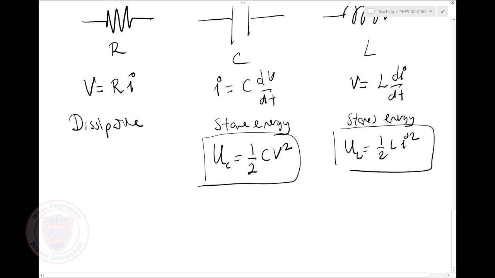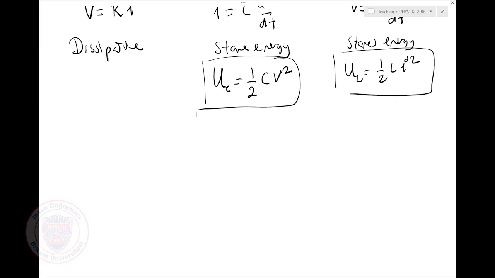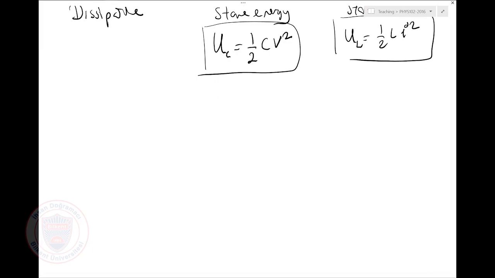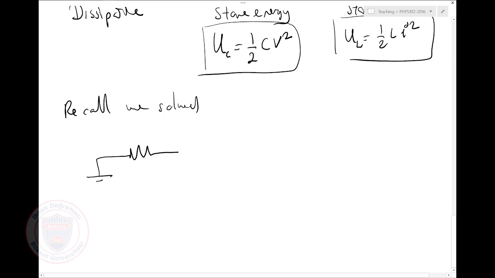Right? Now we've solved one example circuit. Recall, we solved the following circuit, the RL circuit, right?